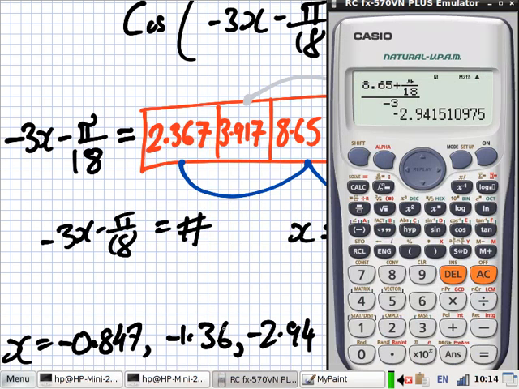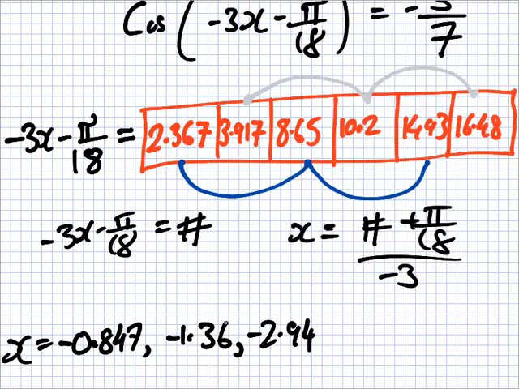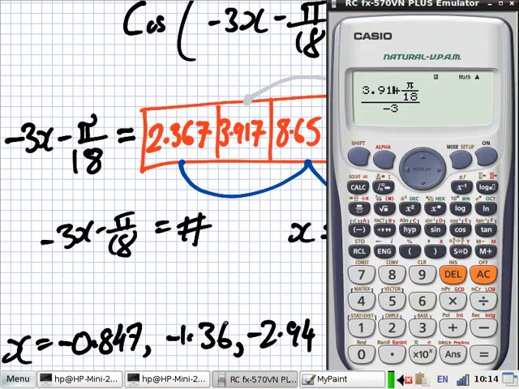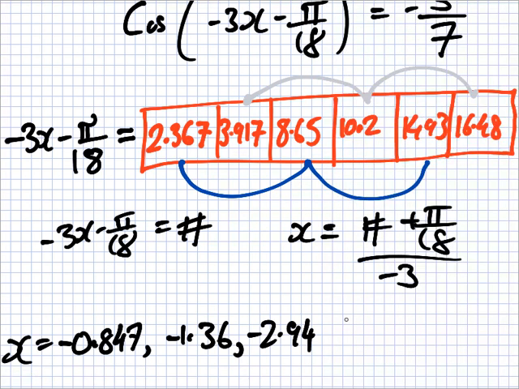I think if you round it, it's going to be this. Okay. The fourth one, 10.2, minus 3.46 radians.